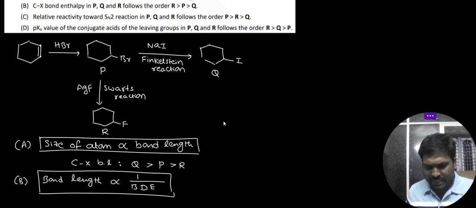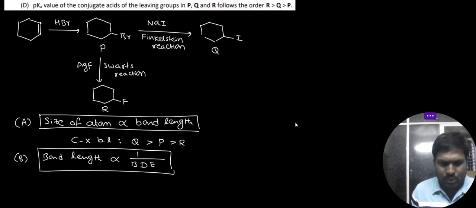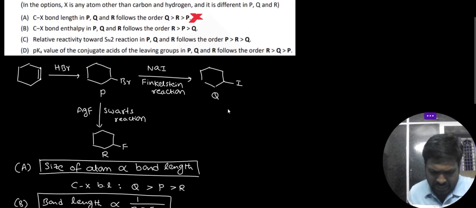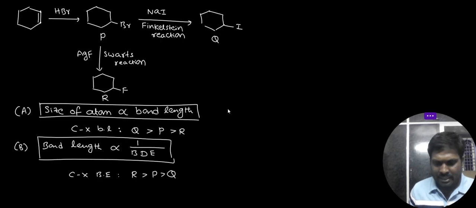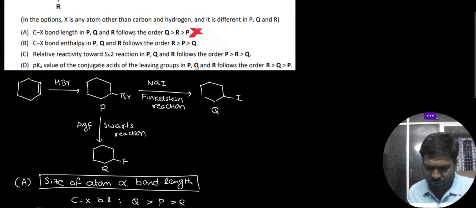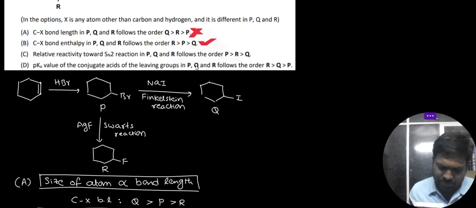So what is the order of C-X bond enthalpy? R is greater than P is greater than Q. So option B is the right answer.